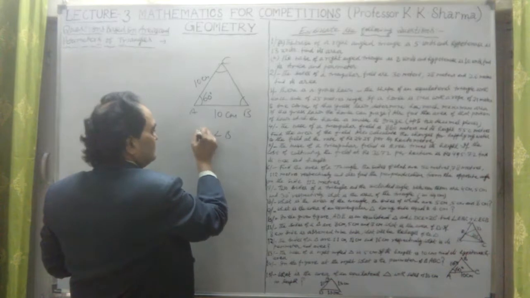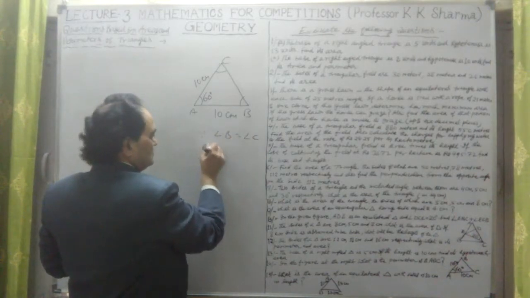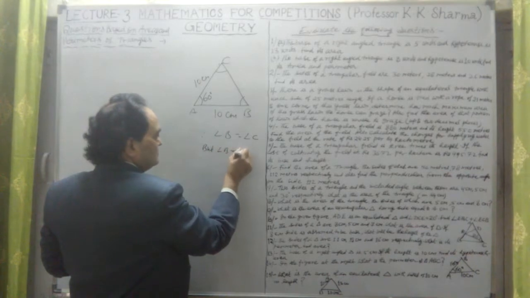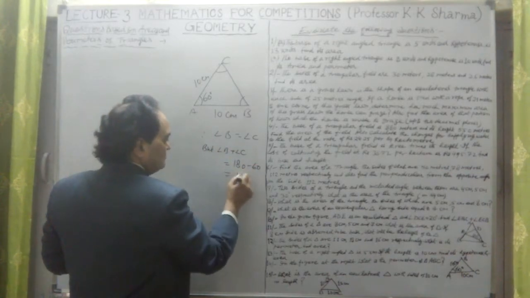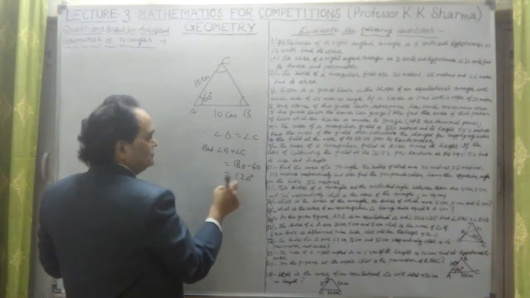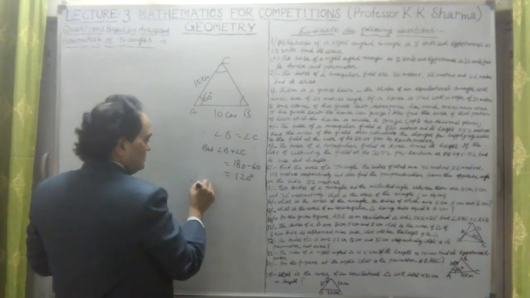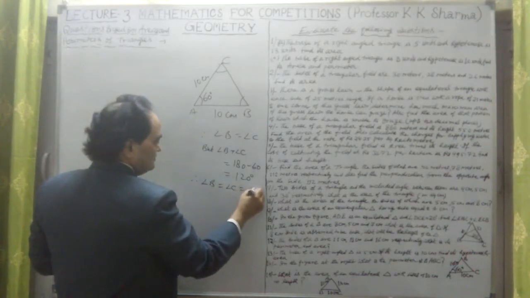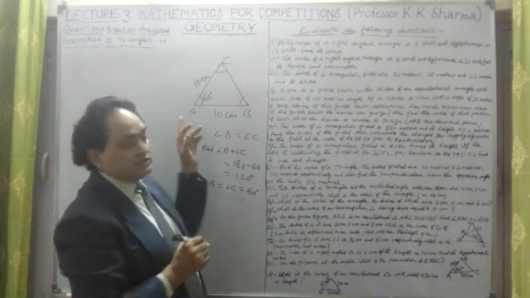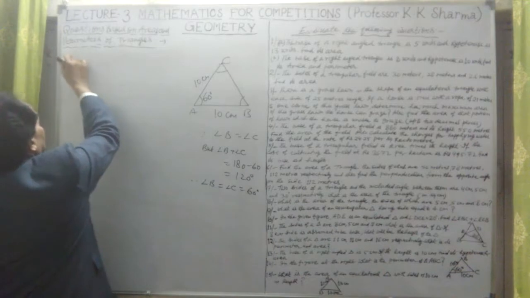Since angle B is equal to angle C, angle B plus angle C is equal to 180 degree minus 60 degree, that means 120 degree. So half of each angle is 60 degree. Therefore, angle B is equal to angle C is equal to 60 degree each. That means it is an equilateral triangle. Try to understand, it has become an equilateral triangle.